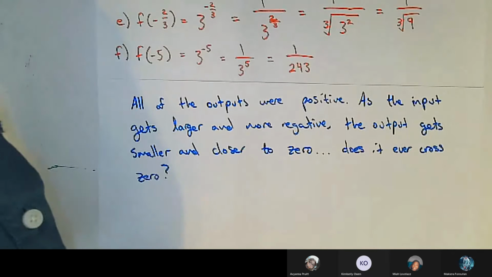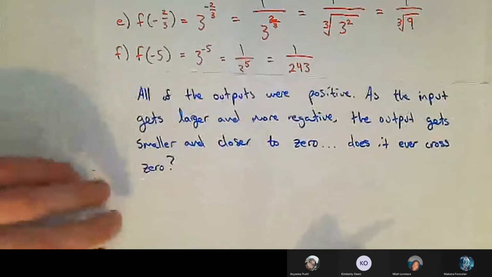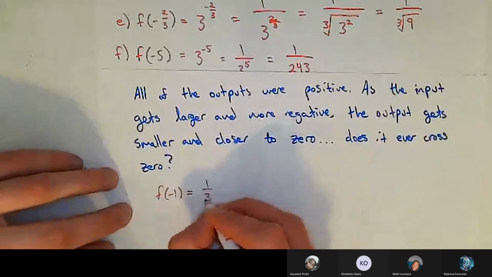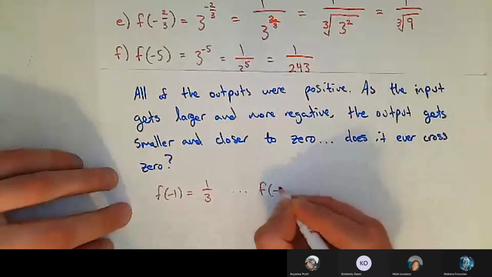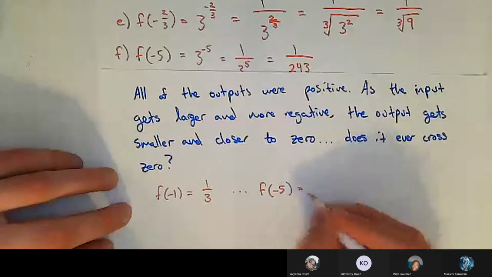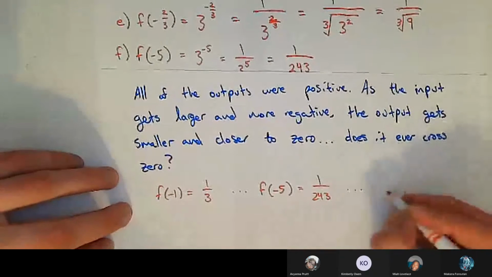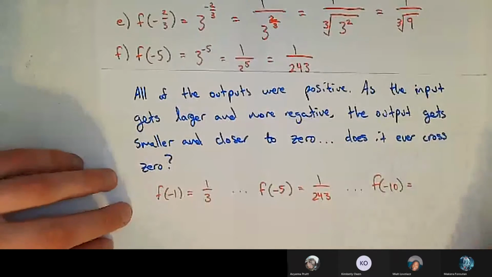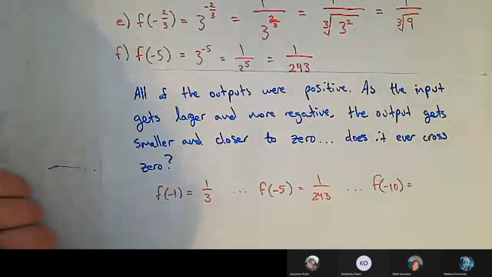Just for a few more examples, we already know that picking this same function, f of negative 1 is 1/3. We know that f of negative 5 gave me 1 over 3 to the 5th, which is 1 over 243. What if I do f of negative 10? Well, that would be 1 over 3 to the 10. What is 3 to the 10?